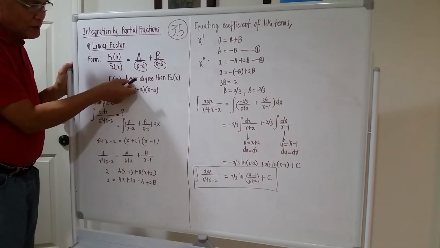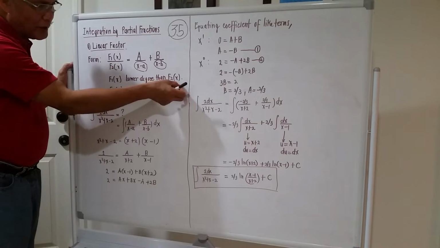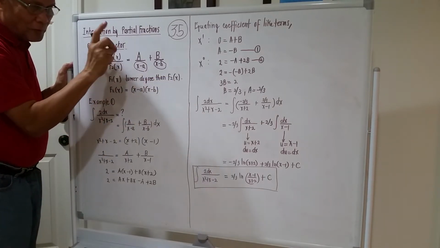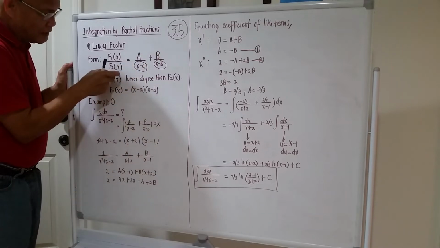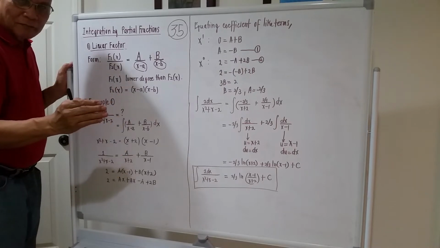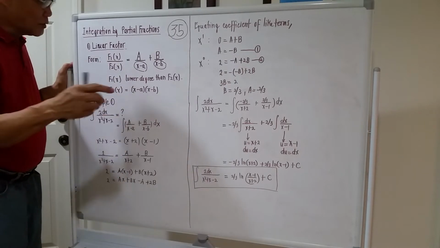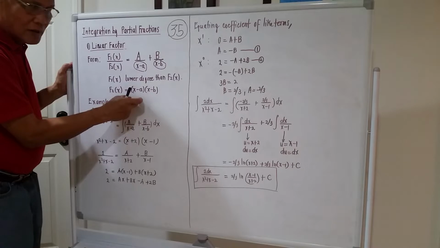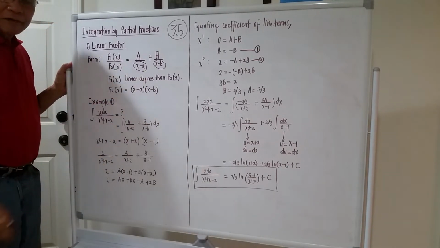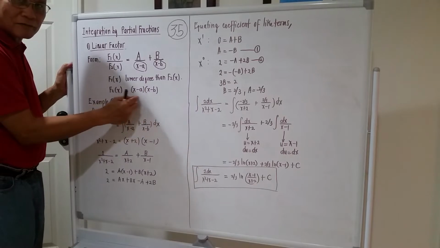F1x should be of lower degree than F2x. Meaning, the given numerator should be of a lower degree than the denominator. And F2x, the equivalent of this in terms of linear factors, is quantity x minus a, quantity x minus b. Okay, linear factors.